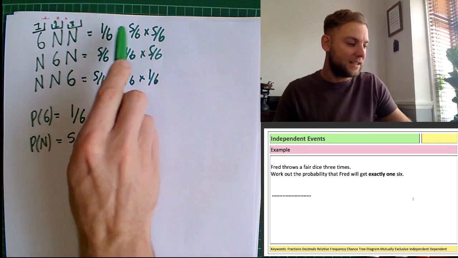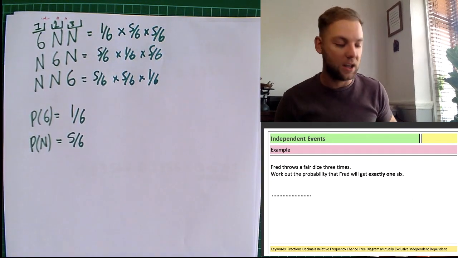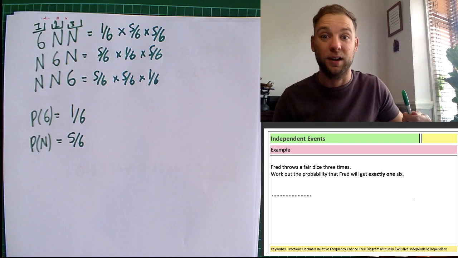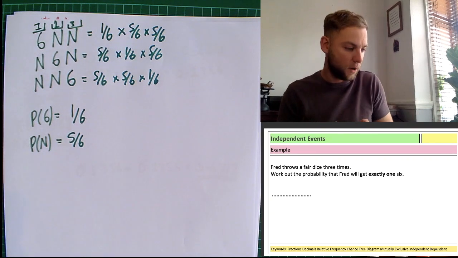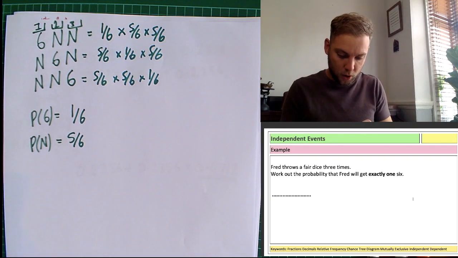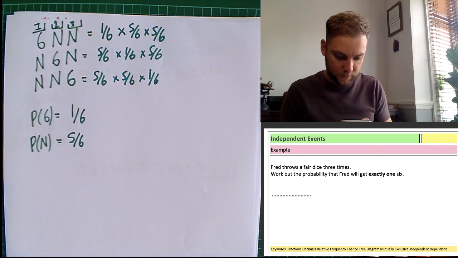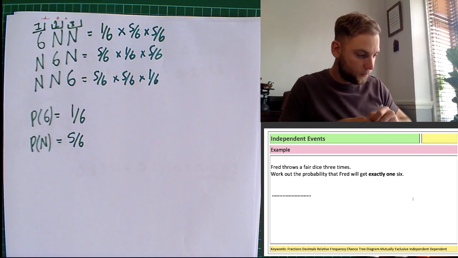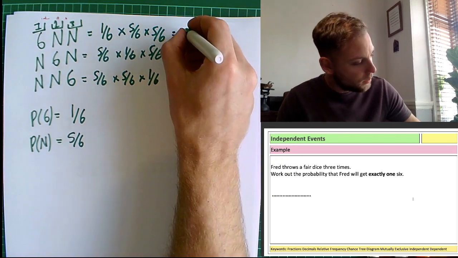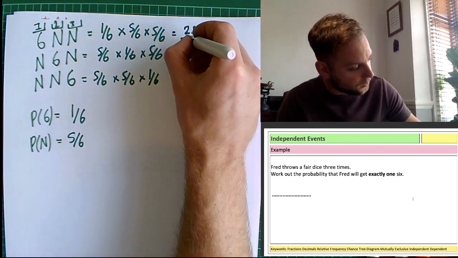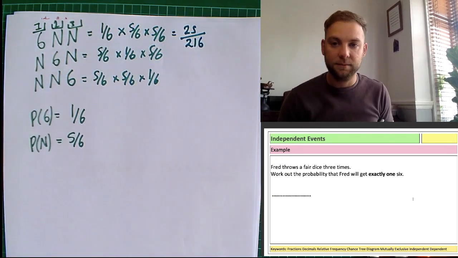Now notice that these are just variations of this, okay? We could have worked 1 out and times it by 3. I'm going to work them all out. You'll see what I mean. So 1 out of 6 times 5 out of 6 times 5 out of 6 is equal to 25 out of 216.